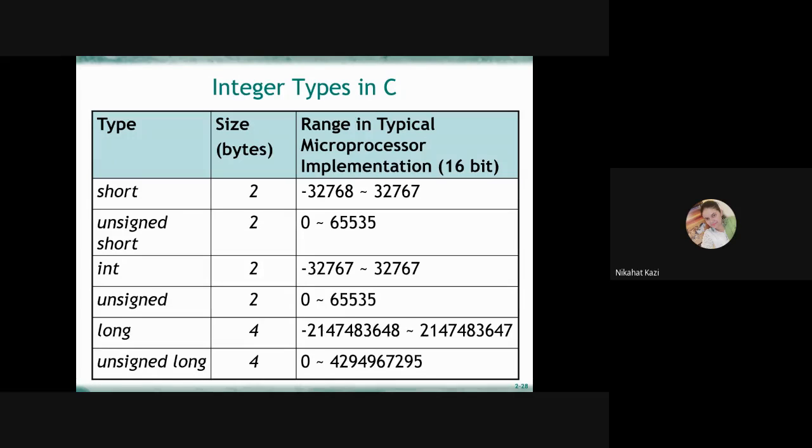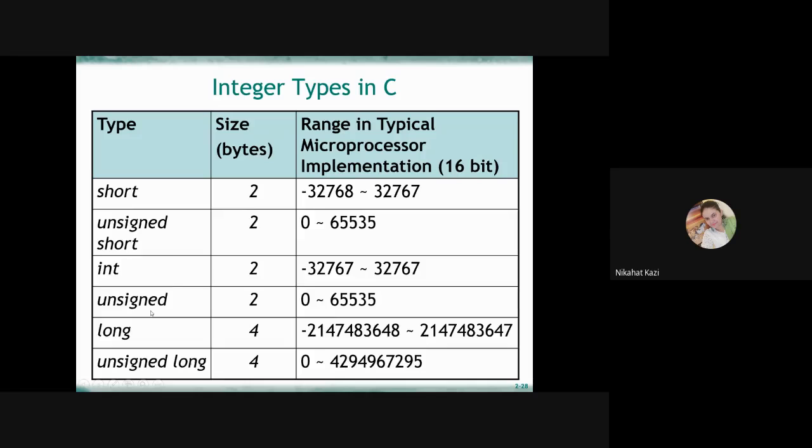Since integers are signed, because they have negative as well as positive numbers, you can have an unsigned int. That unsigned int will give you all the numbers from 0 to 65535. So all 65536 numbers will be there in unsigned int, or only unsigned. If I only say unsigned also, it will still be the same.